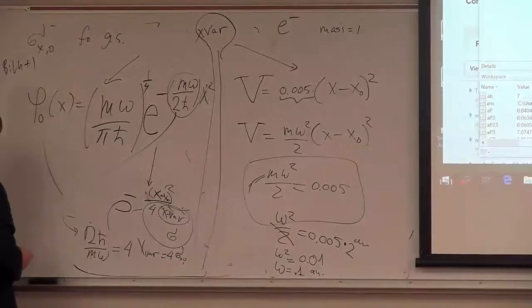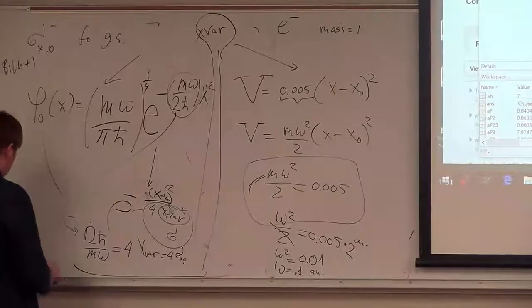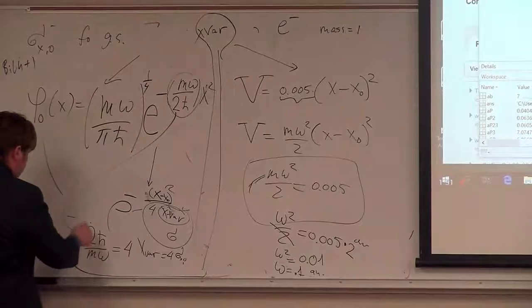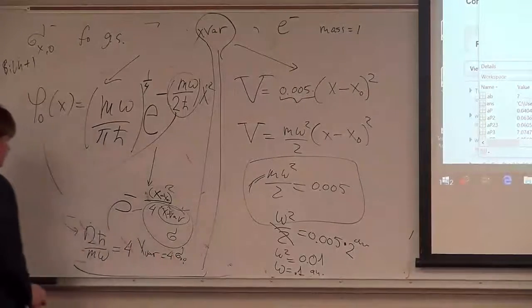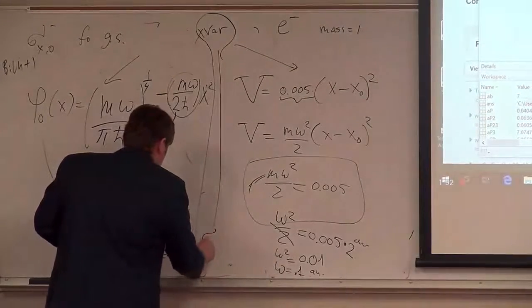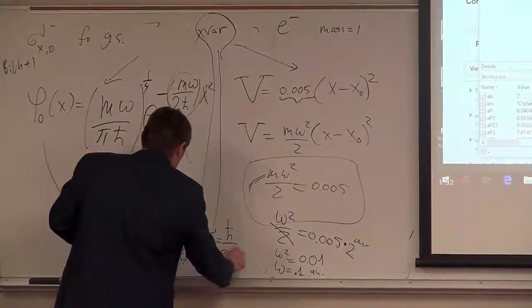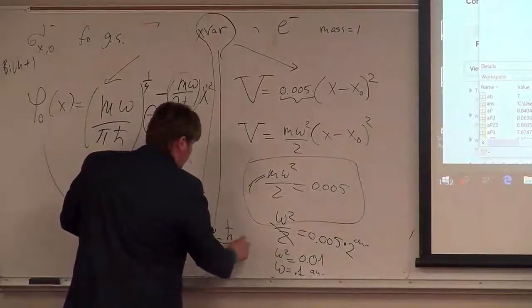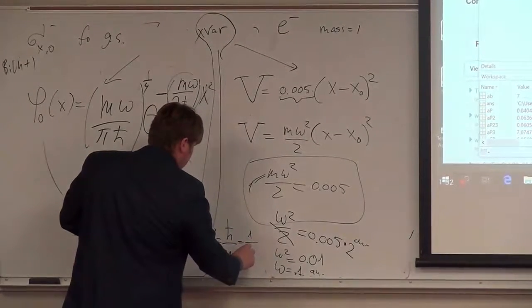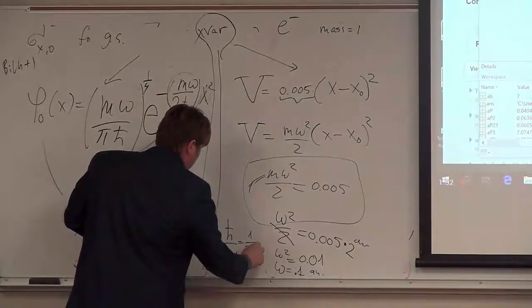So I can solve it for this sigma naught, just dividing everything by 4. So sigma x naught equals h bar over 2 m omega. Right? So in atomic units, h bar equals 1, mass equals 1, frequency equals 0.1.